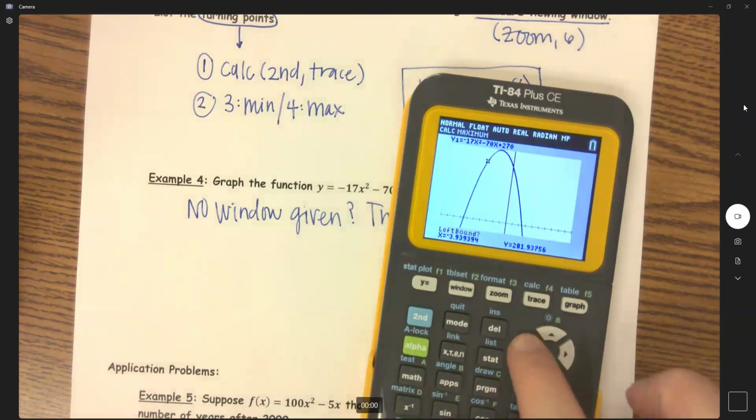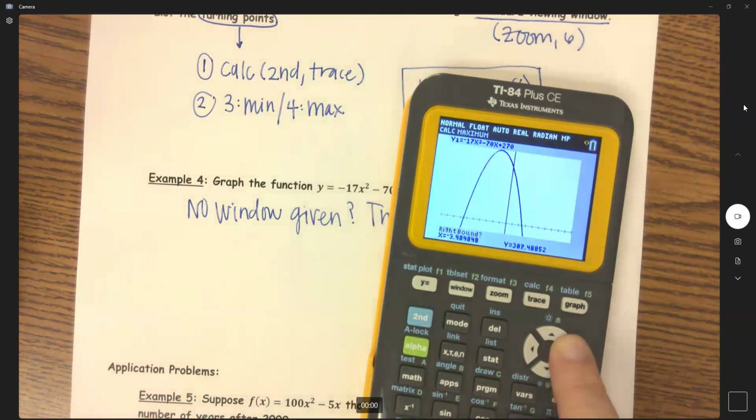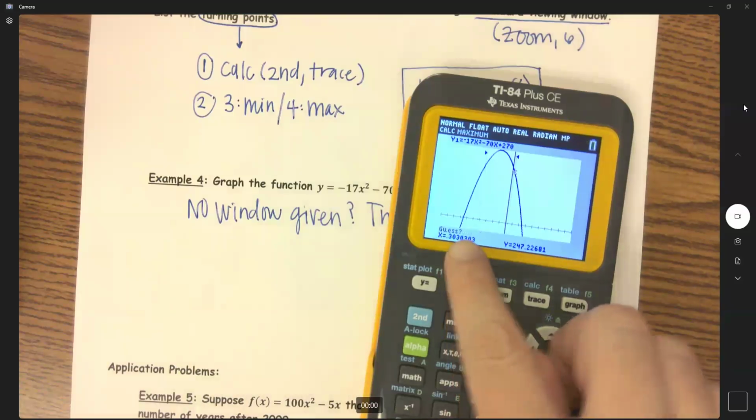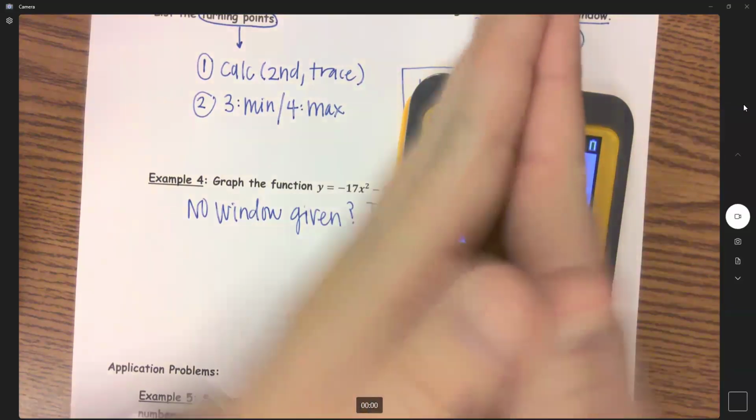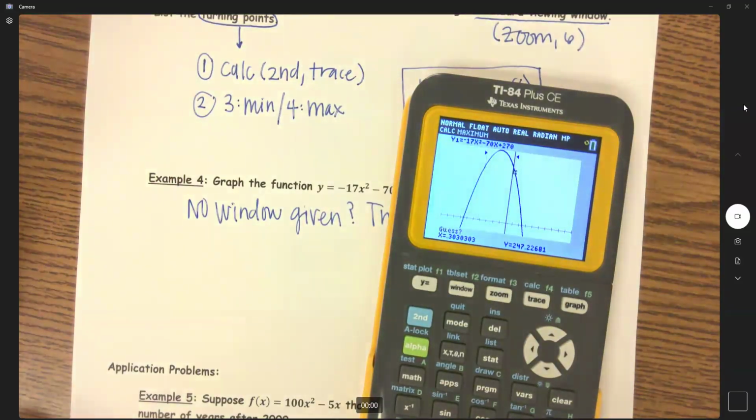I'm going to go somewhere over here where I am clearly to the left of that max. Hit enter. Now it wants the right bound. Now I'll go back over here to the right of that max. Hit enter. That guess. Just make sure that those arrows are on the outside of wherever your max is. And here is my max.